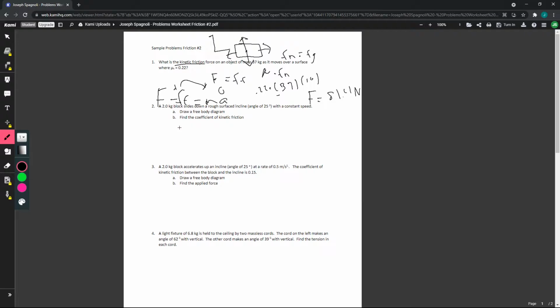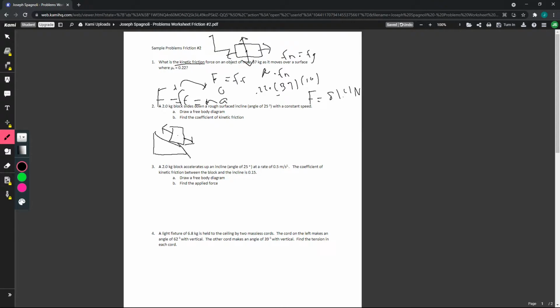A 2 kilogram block slides down a rough surface on an incline of 25 degrees. So let's first draw this. We have an incline, and we have a block on this incline. Again, I am also no drawer. If there was no force being acted on it directly, the force of gravity would want the block to go down.